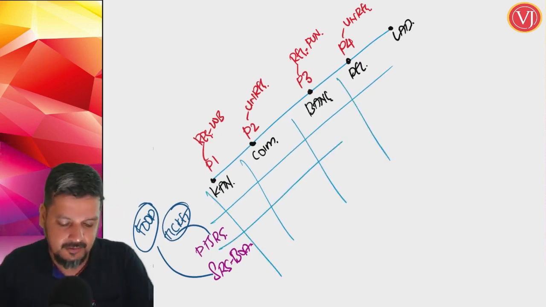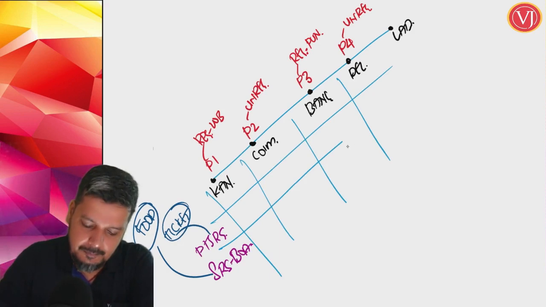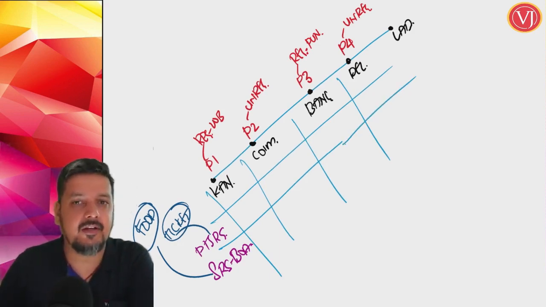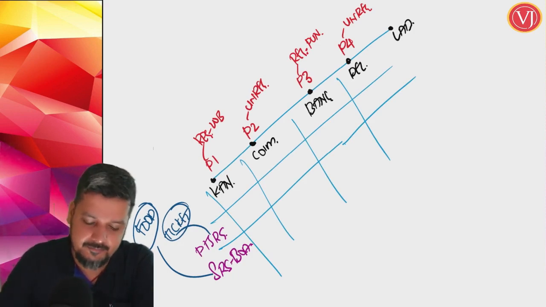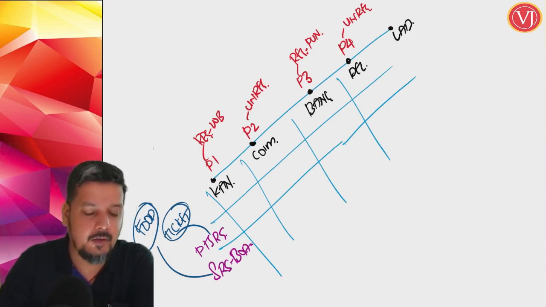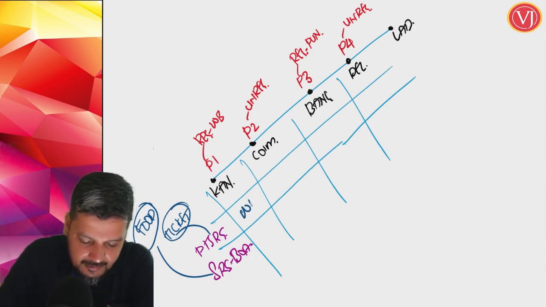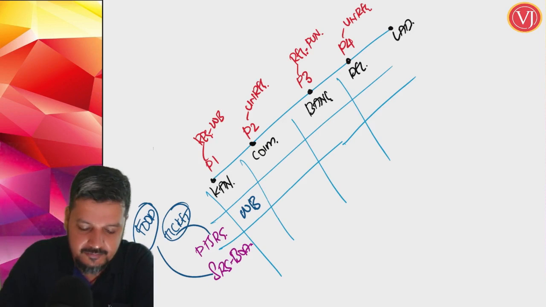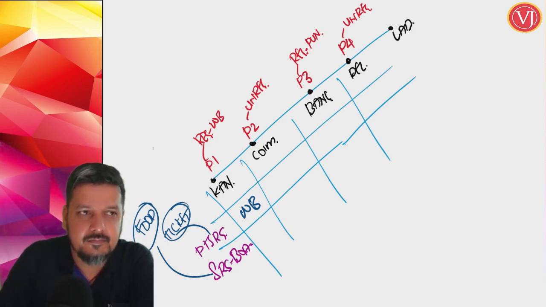For passenger 1, ticket. He is registered or unregistered? Registered. For a ticket, if it is registered, what is the place of supply? Location of registered recipient, that is West Bengal. Passenger 2 not registered.